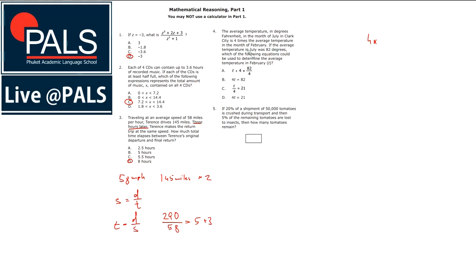If the average temperature in July was 82 degrees, which of the following equations could be used to determine the average temperature in February? Instead of x, we can use T.